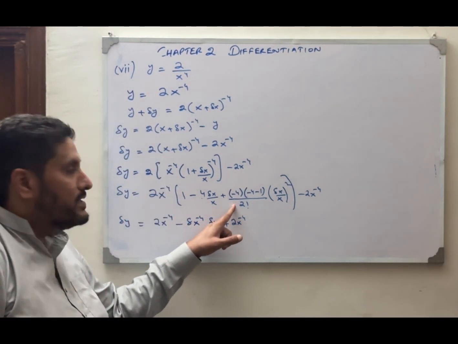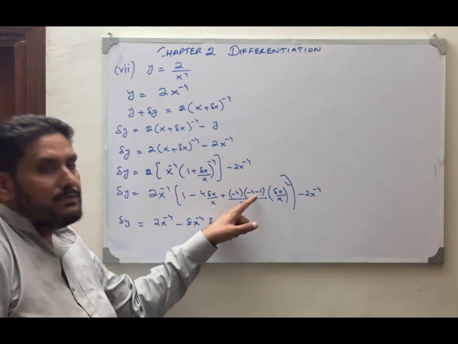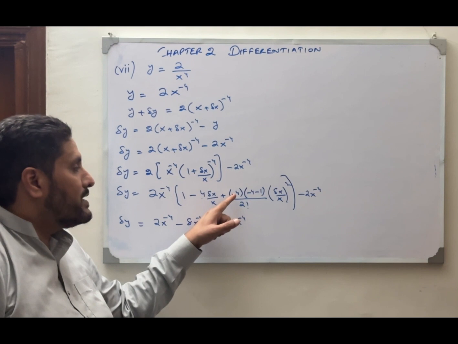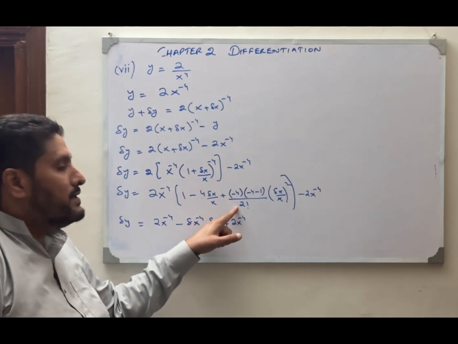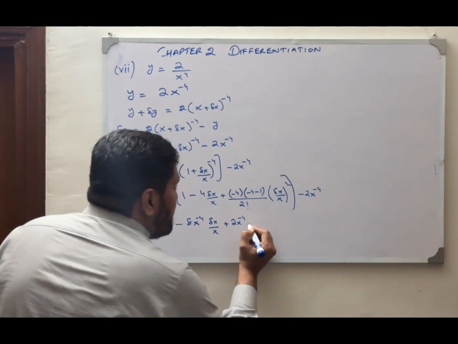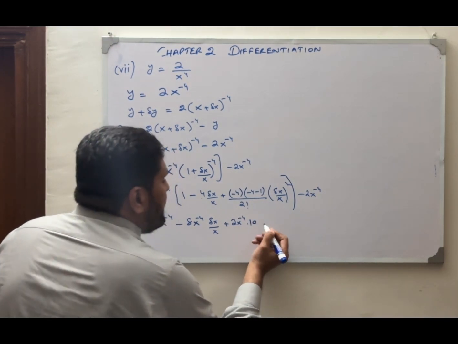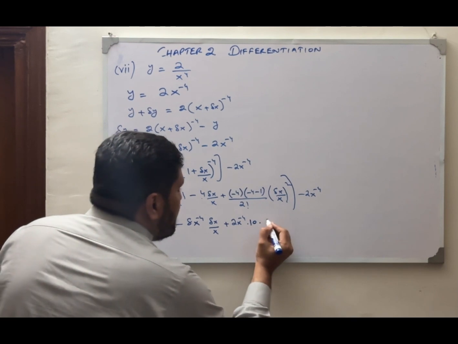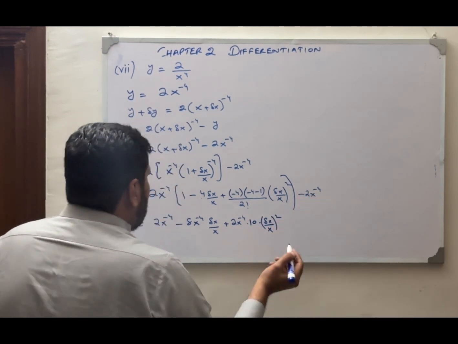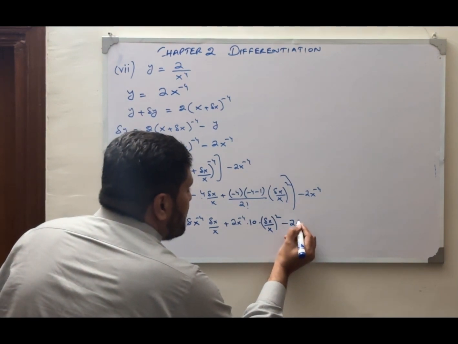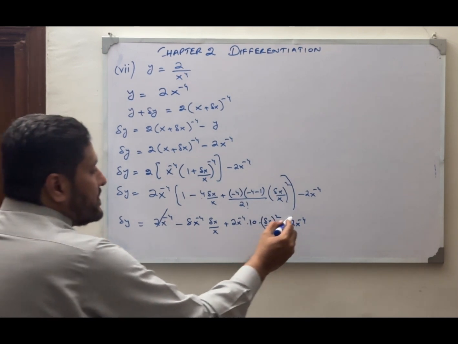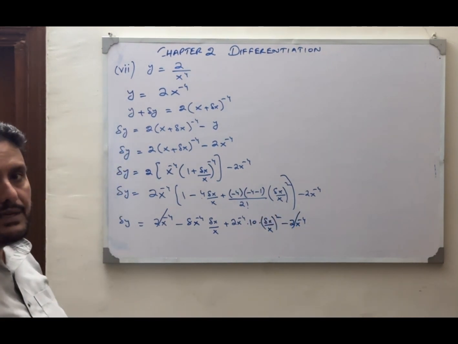Simplifying it, minus 4 minus 1 becomes minus 5, minus 5 multiplied by minus 4 becomes plus 20, and when we divide it by 2, that gives us 10. So multiplied by 10 and by (delta x by x) whole square, and then this term minus 2x power minus 4. Now this 2x power minus 4 and minus 2x power minus 4 will cancel each other.